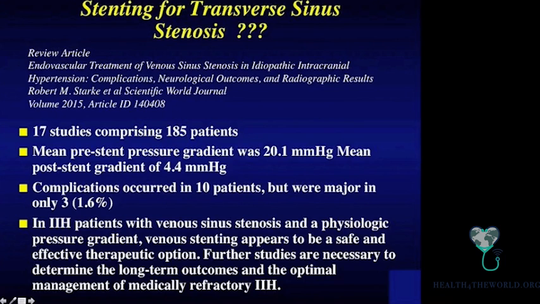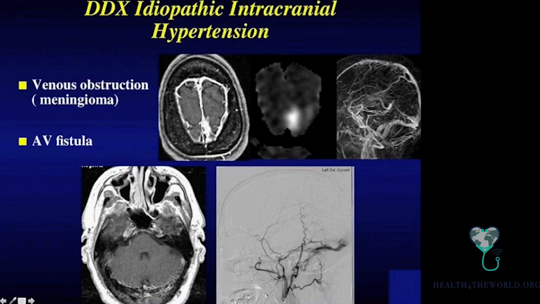Complications were rare, and patients who had this physiologic gradient got better, and venous stenting appears to be safe. So this suggests that this is an option for those who are recalcitrant to the usual therapies.